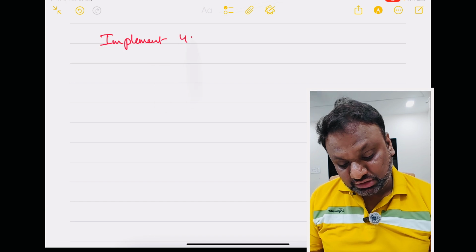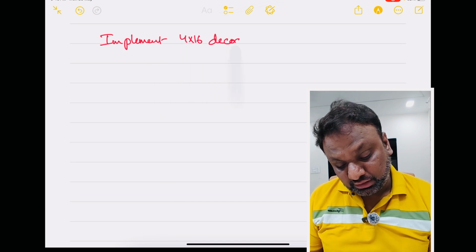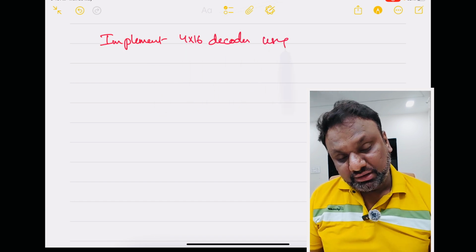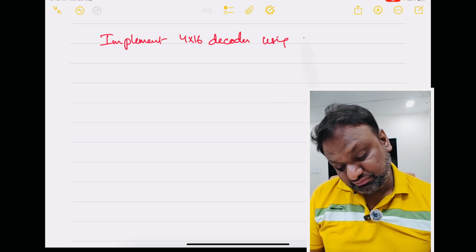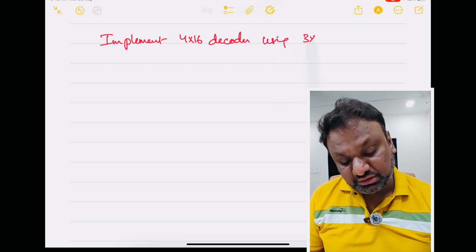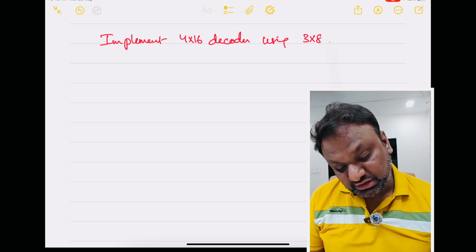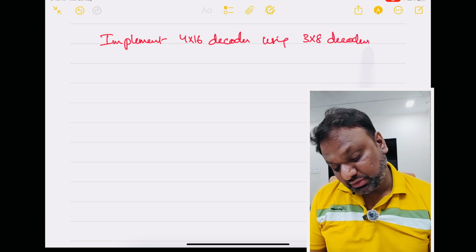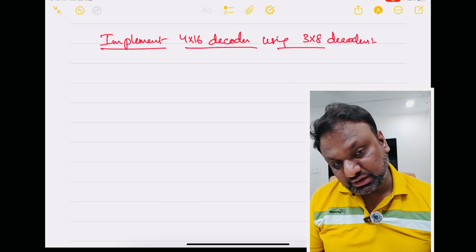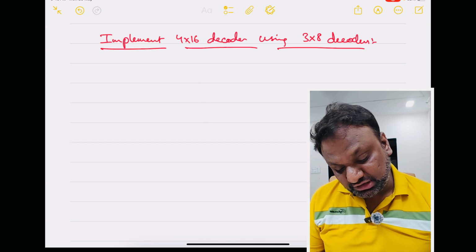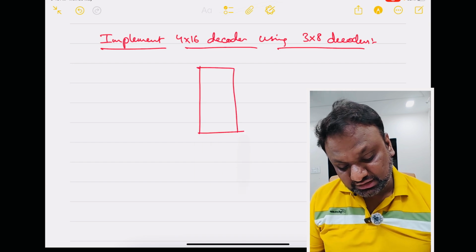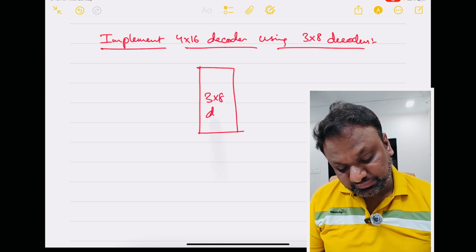a 4 to 16 decoder using, let us say, 3 to 8 decoders, then we'll go for 2 to 4 decoders. Okay, so a 4 to 16 decoder we need to implement with 3 to 8 decoders. Directly I will start with 3 to 8 decoders.